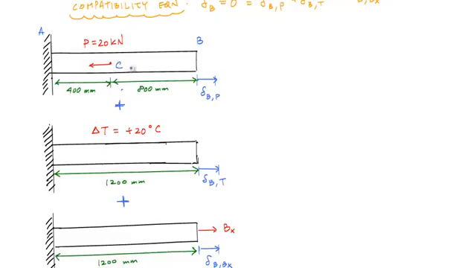So for the first case here, with this concentrated 20 kilonewton load applied axially, since I don't have a distributed loading, my segment AC will have a constant normal force, and as well will my segment CB.